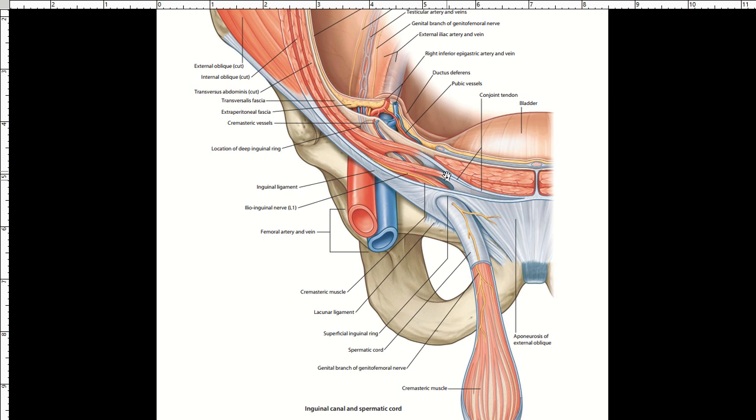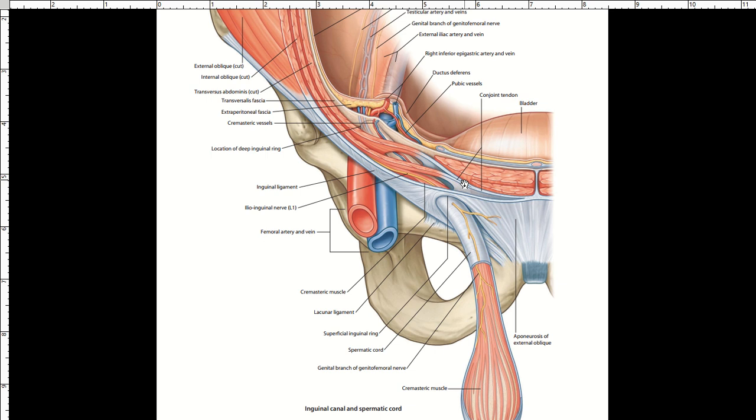They will arc over the inguinal canal, and then they're going to join medially and form the conjoined tendon. So the conjoined tendon, which is a part of the posterior wall of the inguinal canal, is made by the aponeurosis of the transversus abdominis and the internal oblique medially.